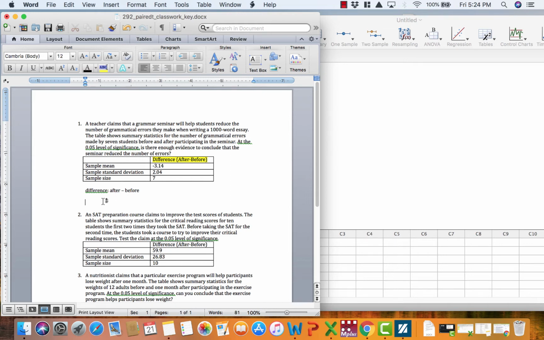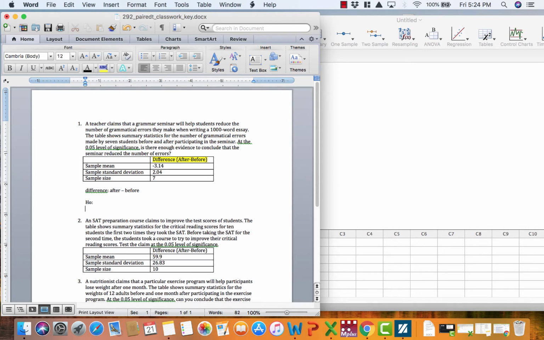So this means that what we want to test with the alternative is that mu d, or mu difference, and again, there's just one mu in a paired t-test, and that mu is mu with a subscript of d, or the word difference.